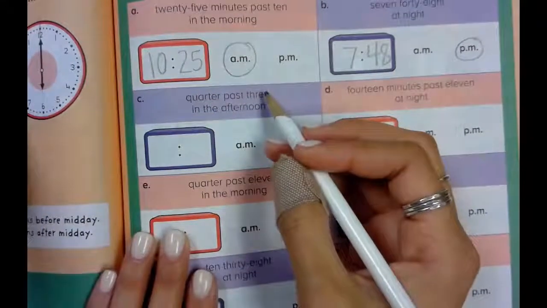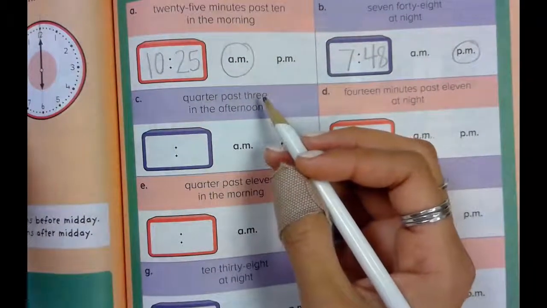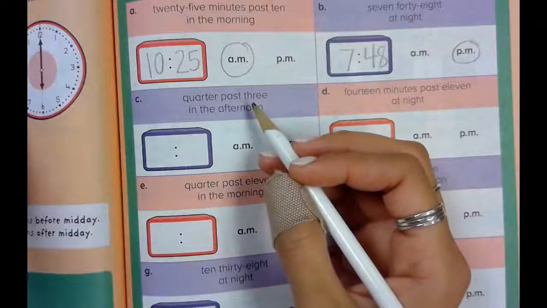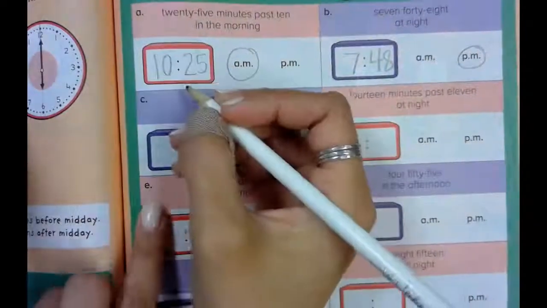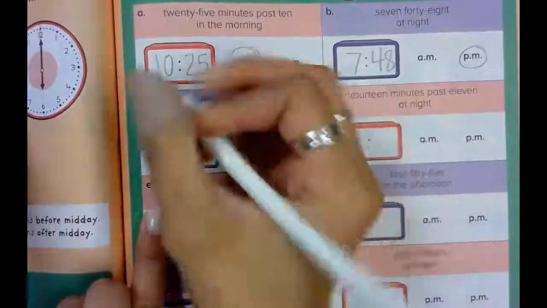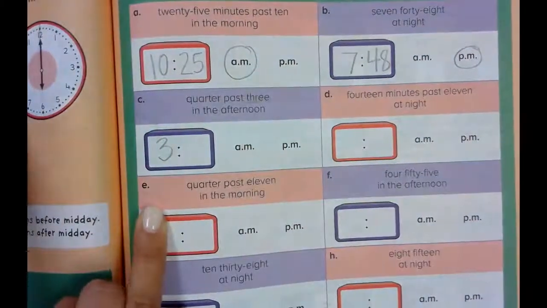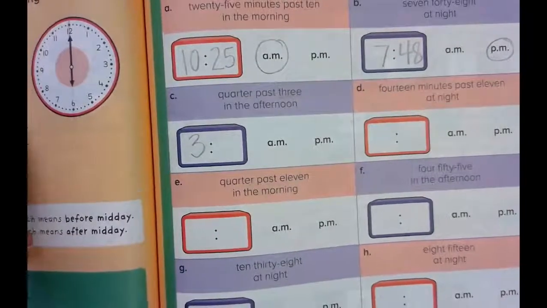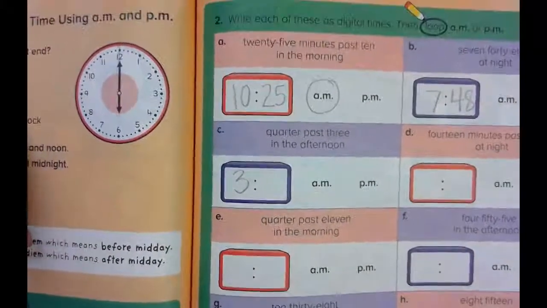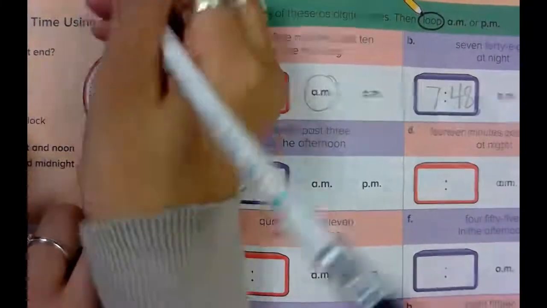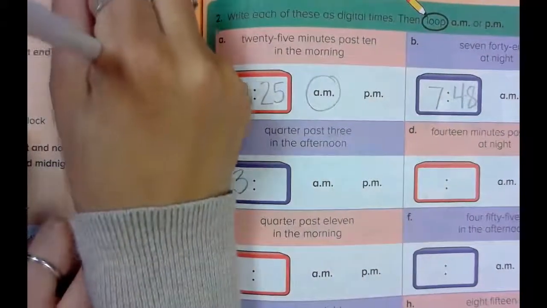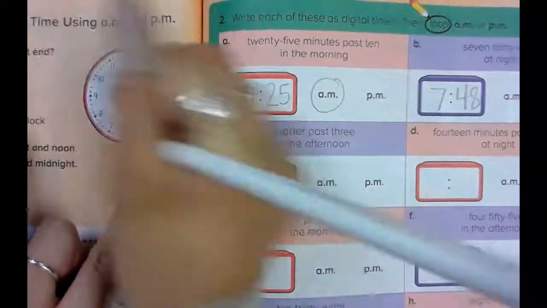Okay, letter C is 3:15 in the afternoon. So I know my hour is going to be 3. And we talked about a quarter earlier. We can always take a look at the clock that's over here. You can do this to your clock as well to help you. I'm going to divide my clock into fourths, so I have 4 quarters.